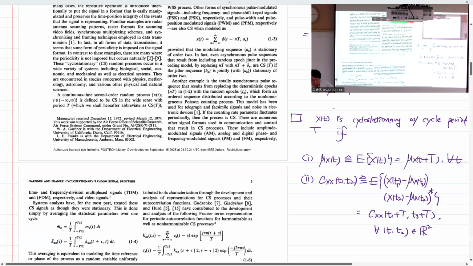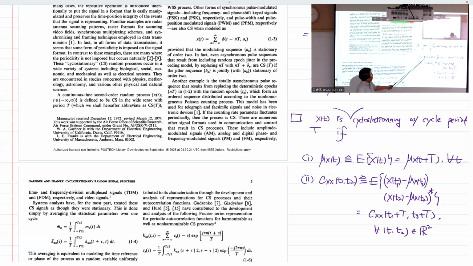By the way, these two definitions are only in terms of the mean and covariance, first and second order moments.